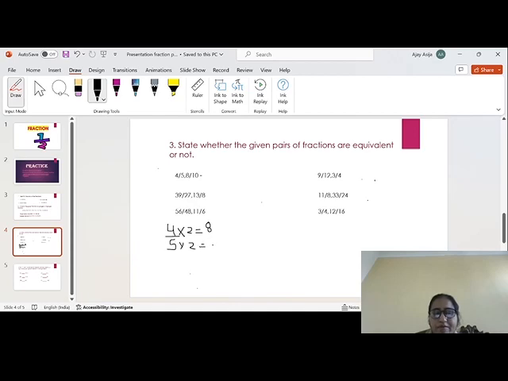So 5 when multiplied by 2 we will get 10, giving 8 by 10. So to find an equivalent fraction, we have to do the same operation in the numerator and the denominator. So 4 by 5 is equivalent to 8 by 10. So this pair is equivalent.